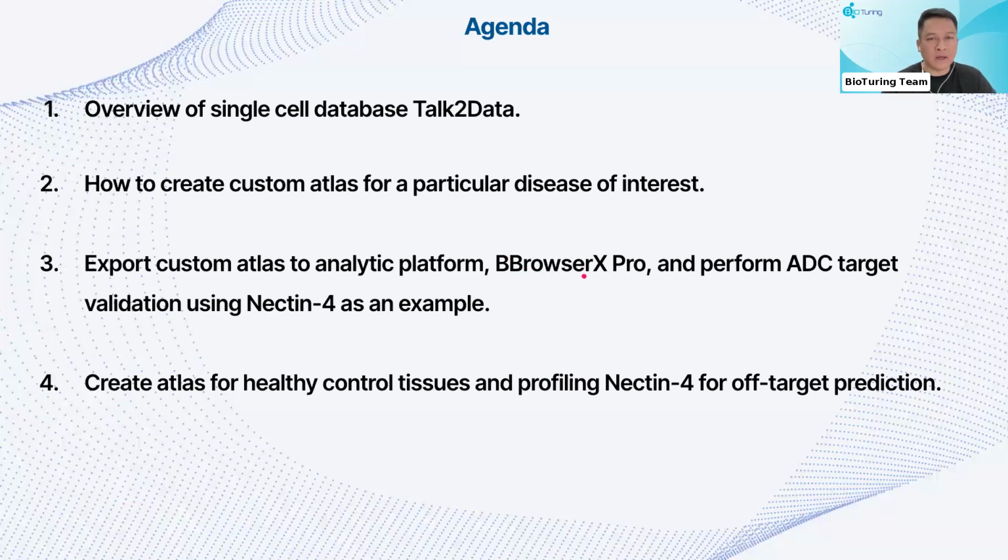So this is the quick agenda for today. First, I would like to give an overview of the single cell database that Talk2Data has. Because Talk2Data has more and more single cell data that covers a wide range of human diseases, I would like to go over this database first, and then I will show how to create a custom atlas for a particular disease of interest using Talk2Data. After creating a custom atlas on the database, we have the option to export it to a single cell analytic platform, which today is BBrowserX Pro, and perform some ADC target validation.